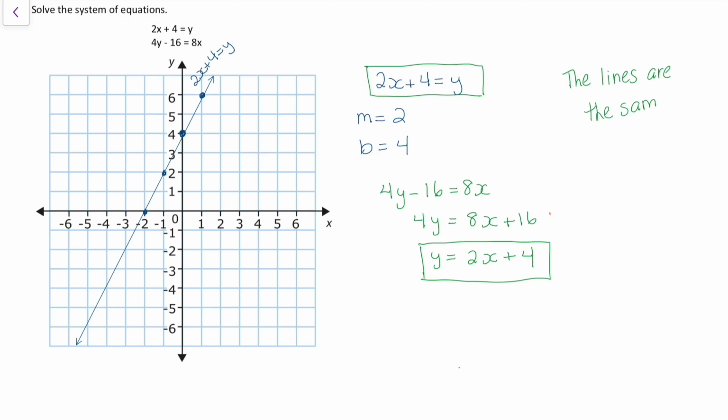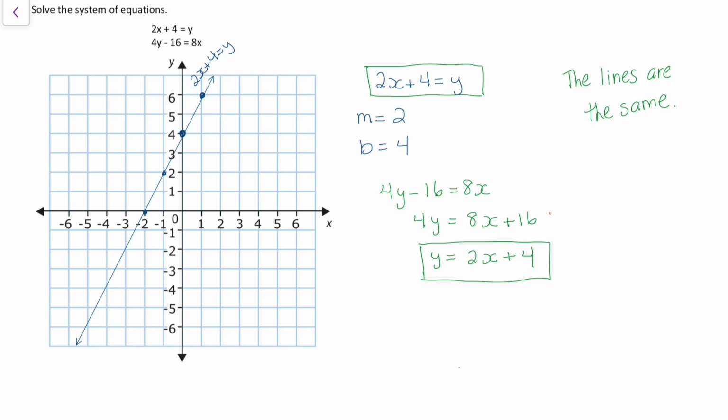So let's think about this. If they overlap and they're the same line, what is my solution? What x and y will work in both equations? All of them, right? They're the same line. Every x and y that works in one will work in the other.